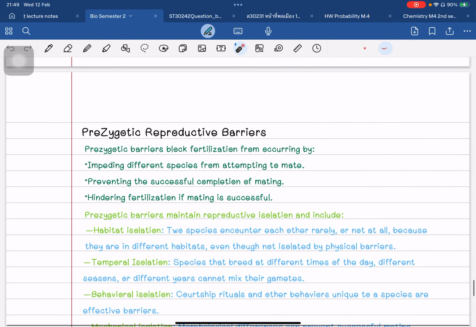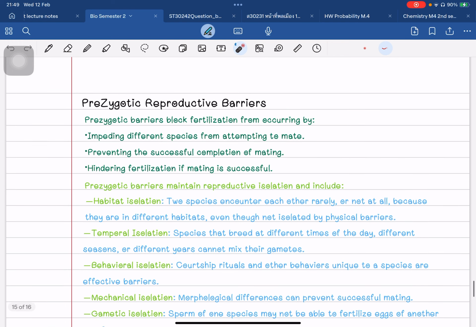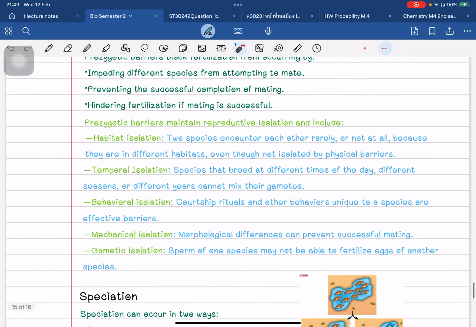The prezygotic reproductive barriers block fertilization from occurring by impeding different species from attempting to mate, preventing the successful completion of mating, or hindering fertilization if mating is successful. The prezygotic barriers maintain reproductive isolation and include 5 types of isolation.